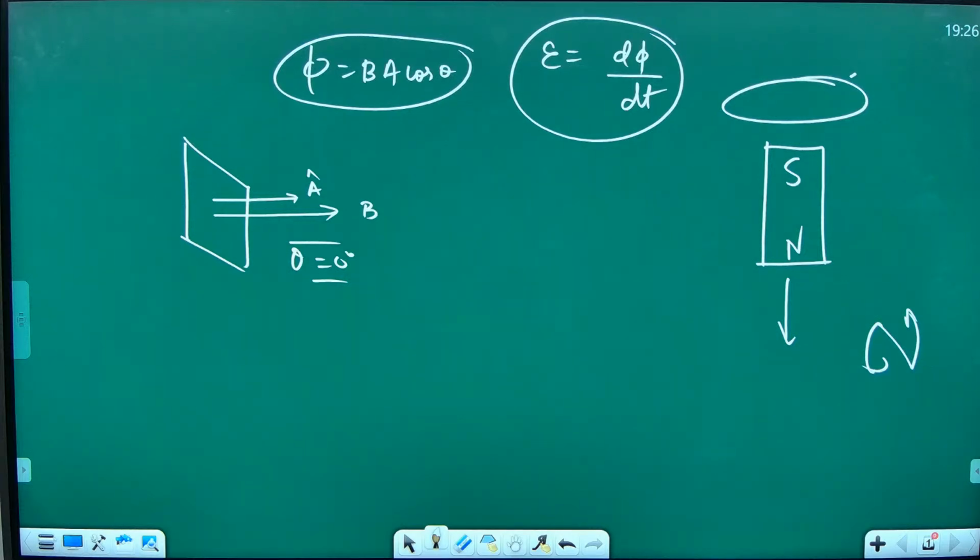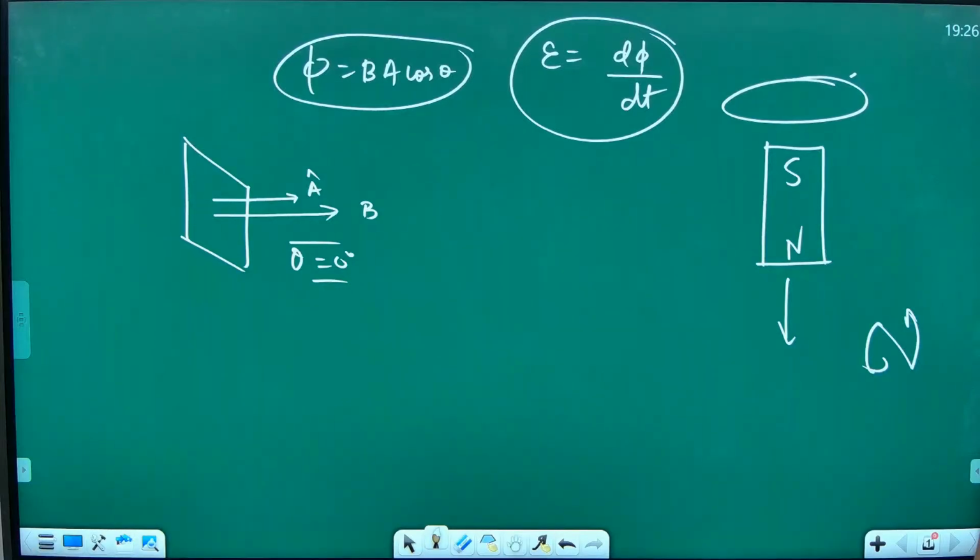Think for a while. Krishna Raghavan, unmute yourself. Yes, sir. What is the answer for this question? Sir, magnetic flux is reducing, sir. Very good. And induced current will try to... the clockwise direction, sir.